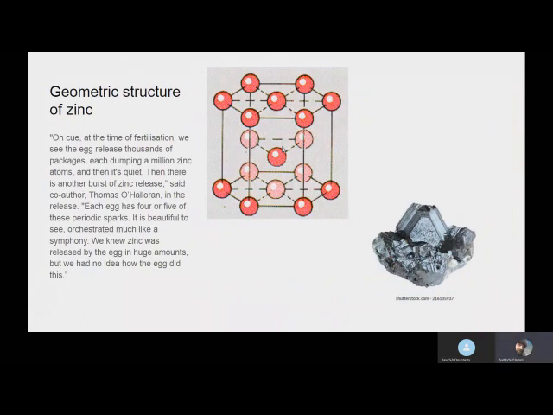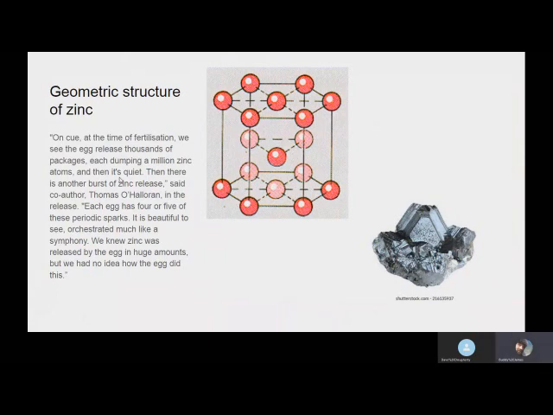Geometric structure of zinc. On cue, at the time of fertilization, we see the egg releases thousands of packages, each dumping 1,000,000 zinc atoms, and then it's quiet. Then there is another burst of zinc release, said co-author Thomas O'Halloran in the release. Each egg has 4 or 5 of these periodic sparks.